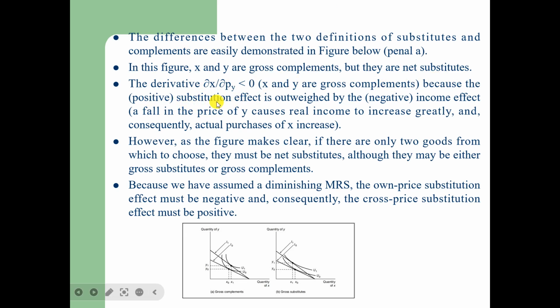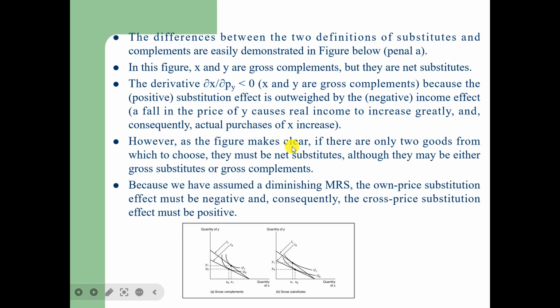Because the positive substitution effect is outweighed by the negative income effect, a fall in the price of Y causes real income to increase greatly, and consequently actual purchases of X increase. So here, although they are gross complements, good X and Y are actually net substitutes.